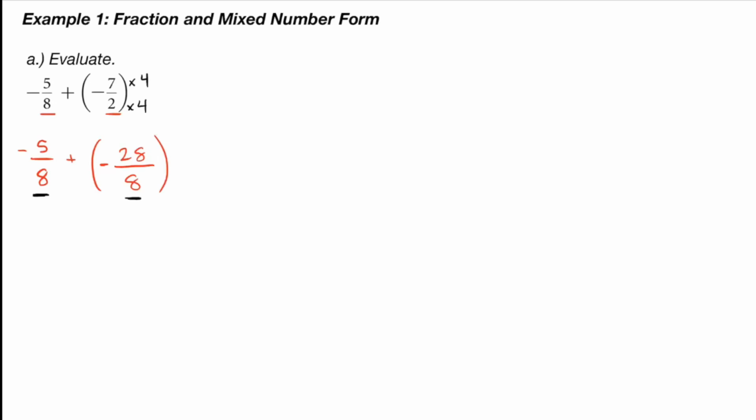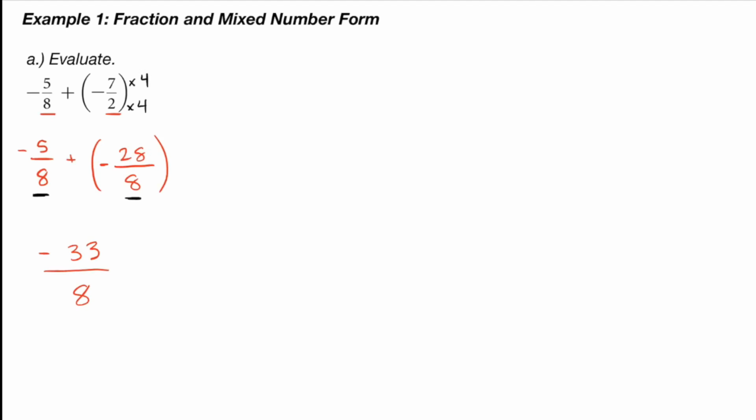So negative 5 plus negative 28. Again, you should become more negative. So the answer to that is negative 33 over 8.